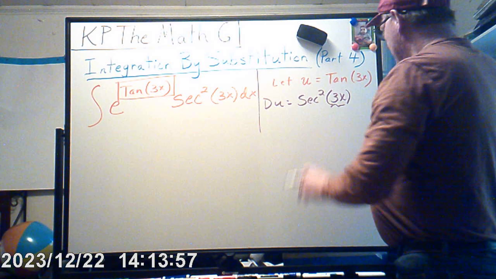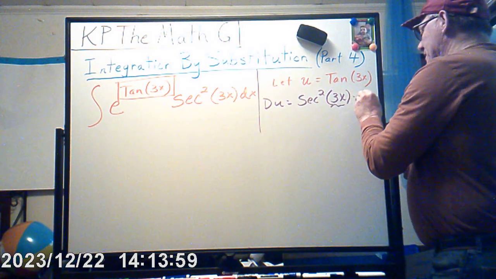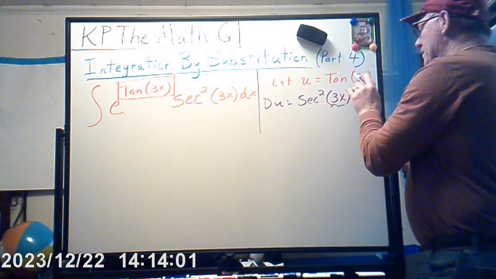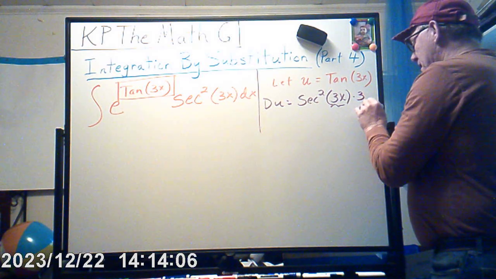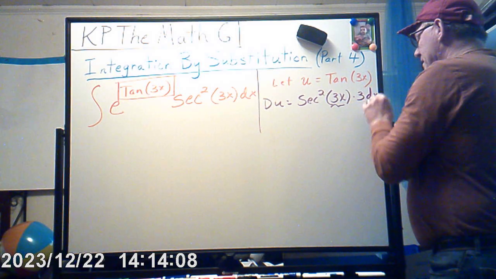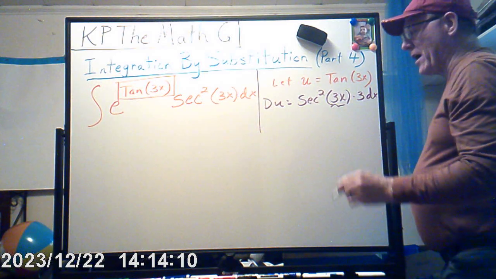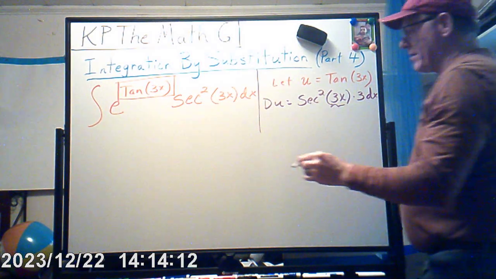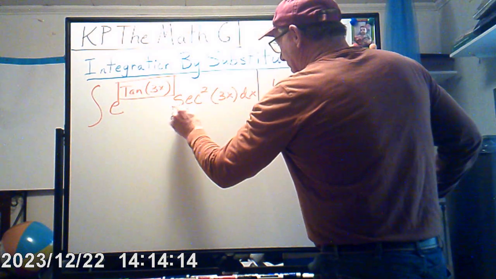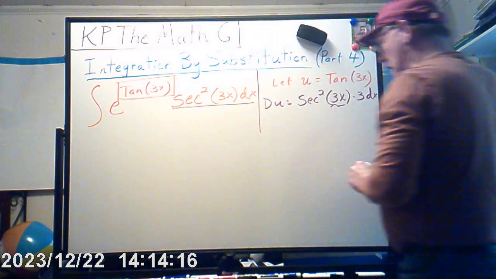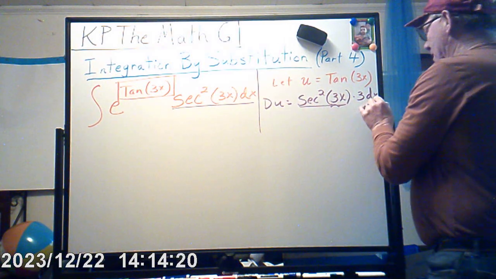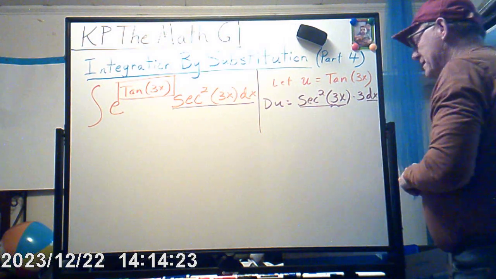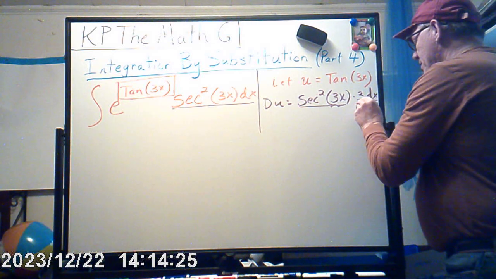Take the derivative of 3x, which is just 3, and then tack on dx. So times dx right there. If you look very carefully, we have secant squared 3x dx and then a little more. Secant squared 3x, 3 dx. I have too much right here.